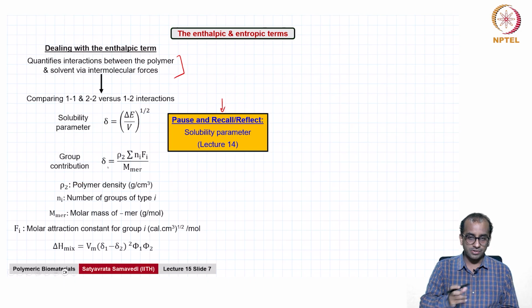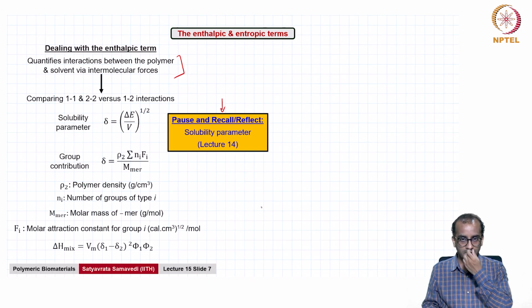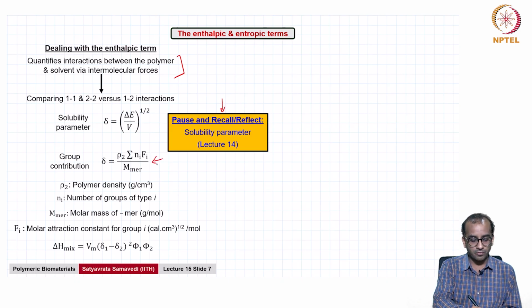Broadly, the idea here is, if you have a polymer and you have different groups, which can be smaller parts of the large molecule, then the total polymer itself can be thought of as the contributions coming from the individual groups in proportion to the number of groups that exist, and that is literally what this equation is telling you.